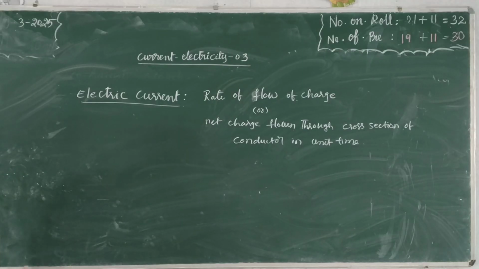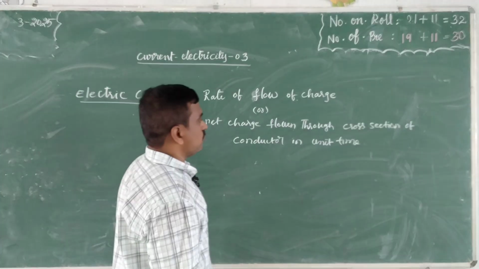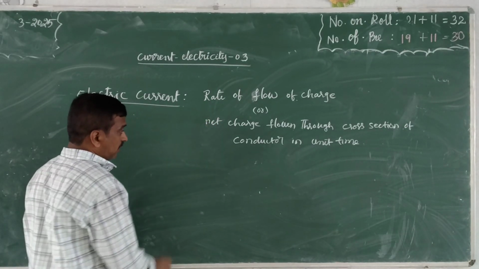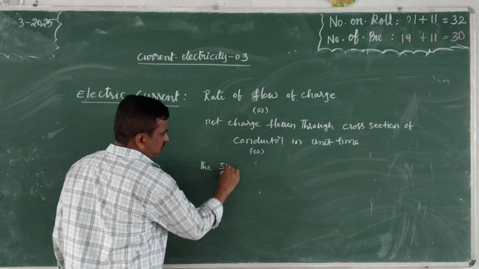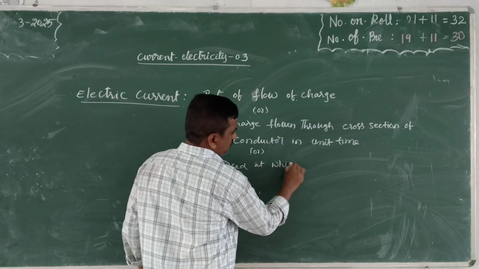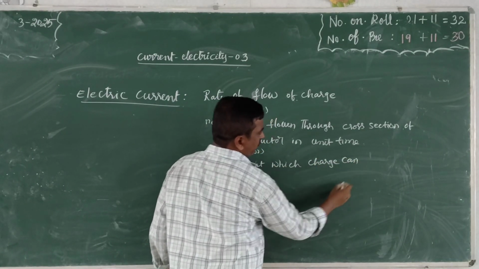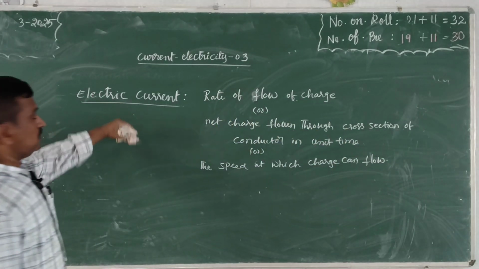Electric current means rate of flow of charge, or net charge flown through cross section of a conductor in unit time, or we can write the speed at which charge can flow, we call it as electric current.